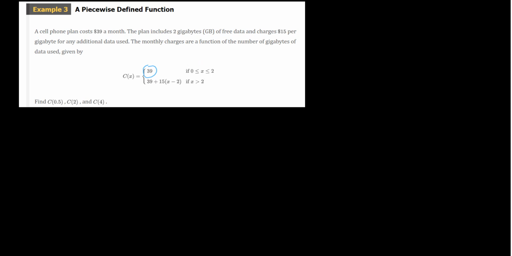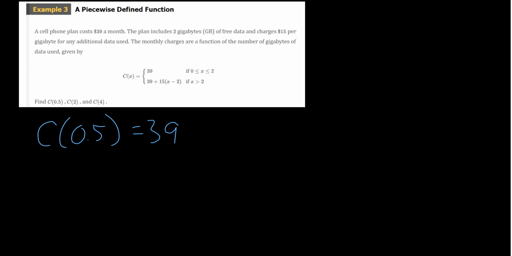So this is c of 0.5. Does 0.5 reside here, or does it reside here? Well, obviously it resides from 0 to 2. So c of 0.5 is simply 39. I'm just going to write that. C of 0.5 is equal to 39.